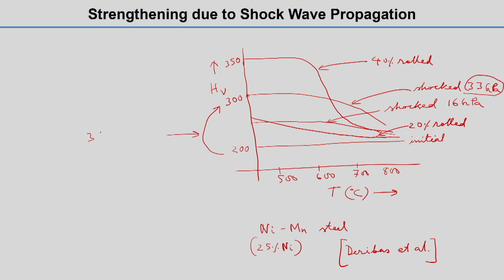So this 33 gigapascal shock can increase the hardness from 200 to 300 HV, the Vickers hardness number. Correspondingly, if we interpolate, probably 30% rolling will give that hardness increase. This is interesting, and you can see the variation with temperature as well.